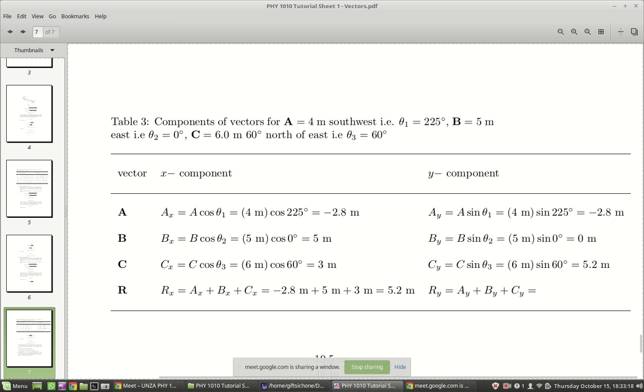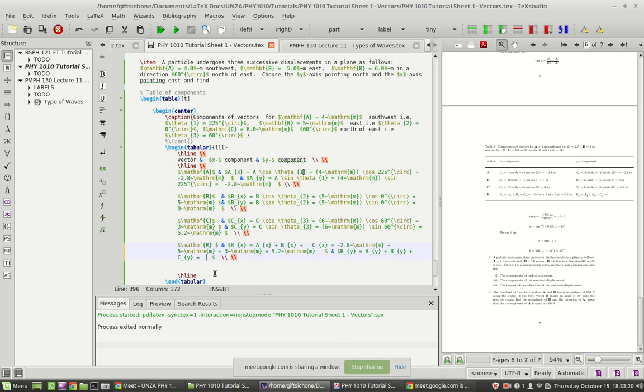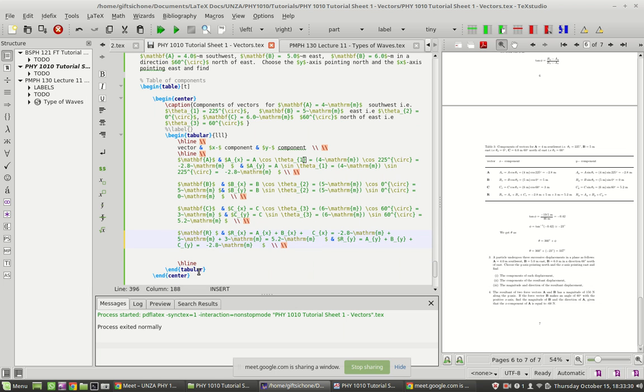Okay, 5.2. Next we have the y parts: minus 2.8 meters plus By is 0 meters plus Cy is 5.2.